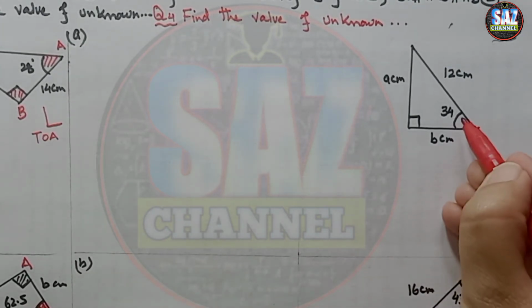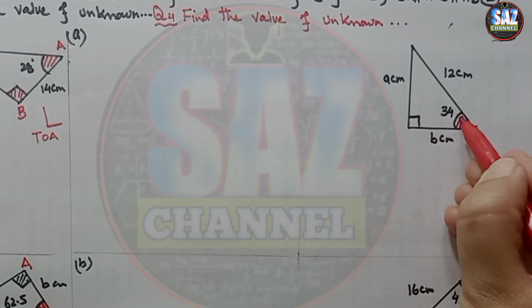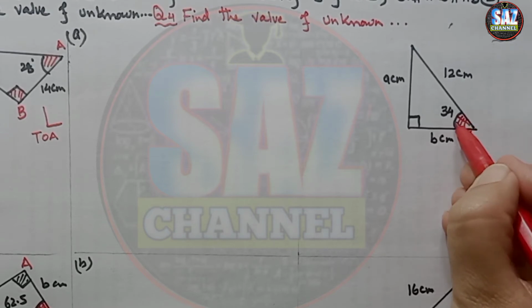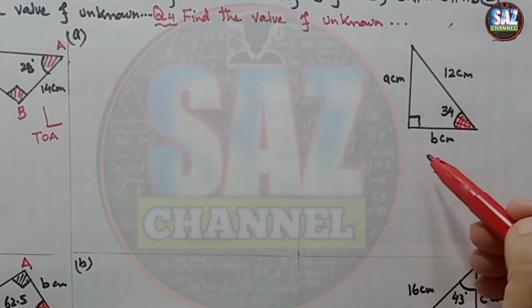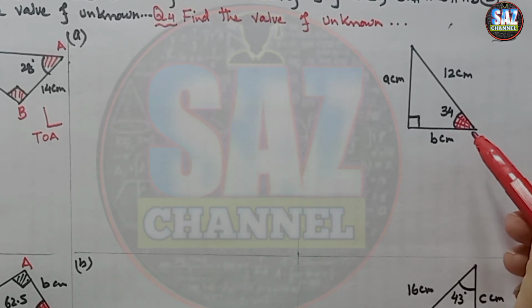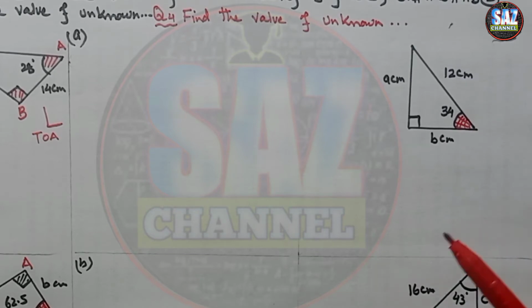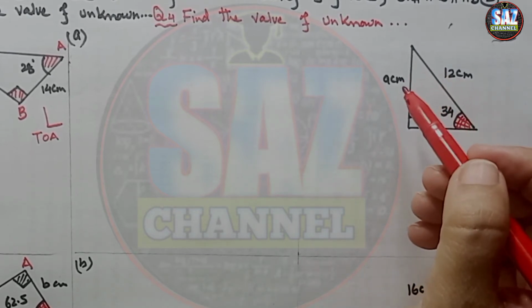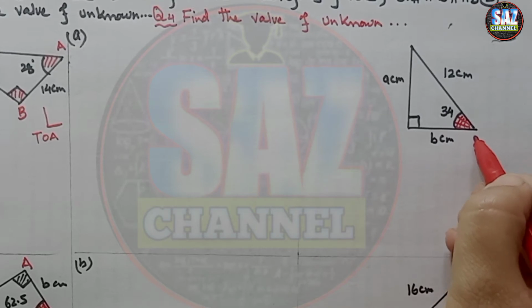Now the problem with this question is that in the previous three questions only one unknown was there, but here we have to find both the lengths of this right angle triangle. So first of all, we can find any one of the unknown sides. Suppose we are going for finding side A. First of all, mark the vertices with capital letters.